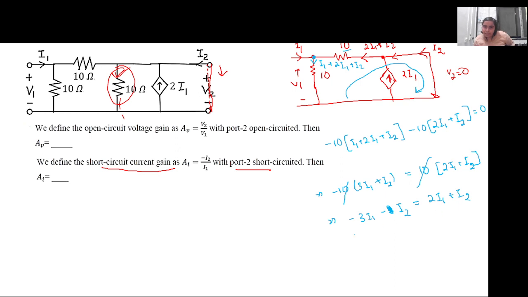Let's take I1 on one side and I2 on the other side. So it will be minus 3 I1 minus 2 I1 equal to I2 plus I2. So minus 5 I1 equal to 2 I2.